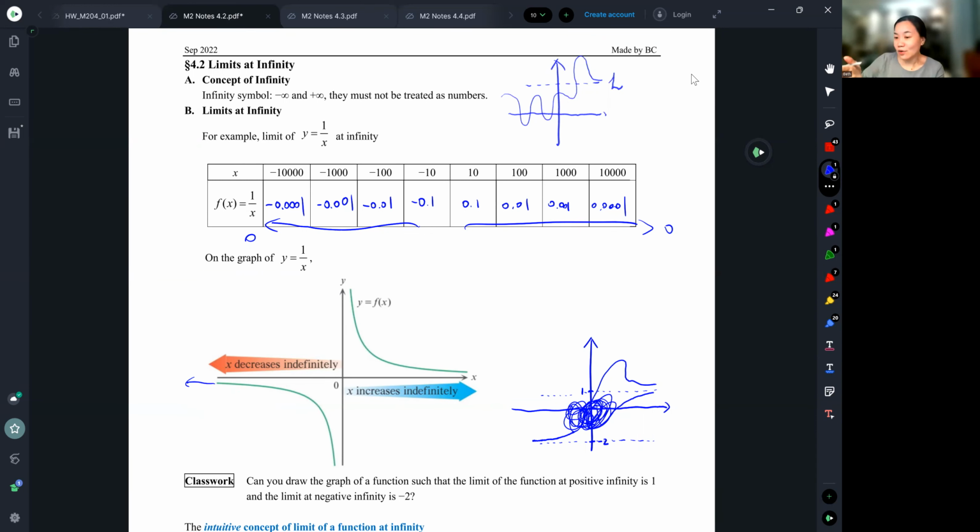Now, of course, not every function has this feature. For example, a parabola doesn't have this feature, as a parabola will just go to infinity itself. I mean, the value of y will increase indefinitely. But some functions have this feature, and we have met one of them.